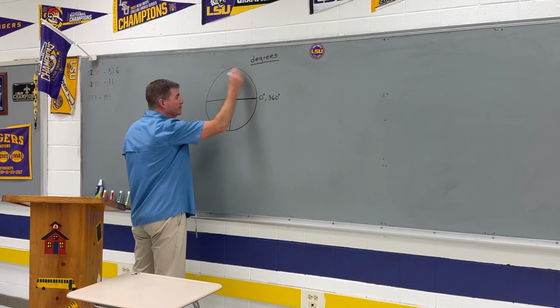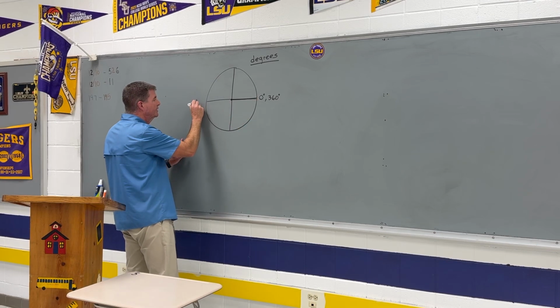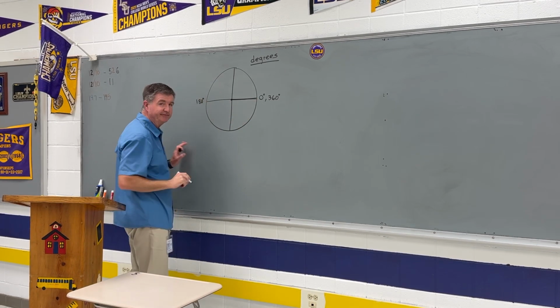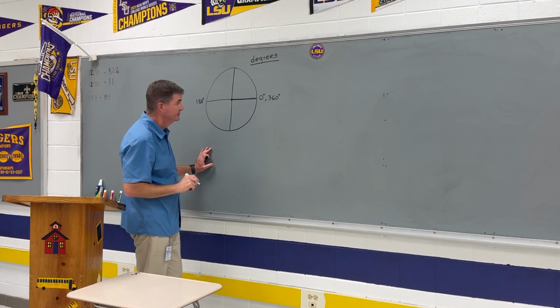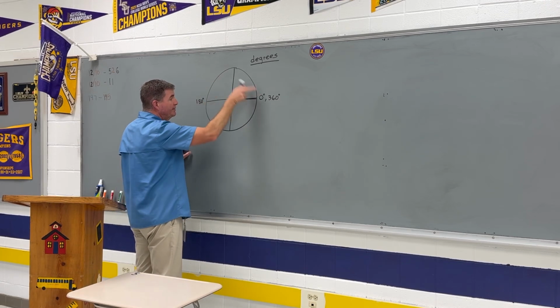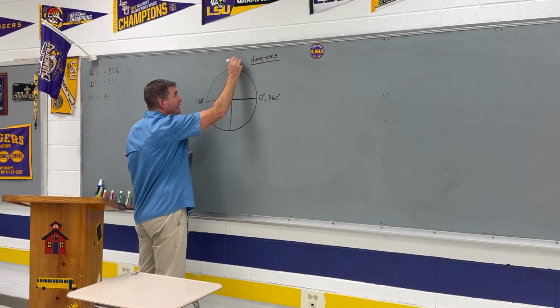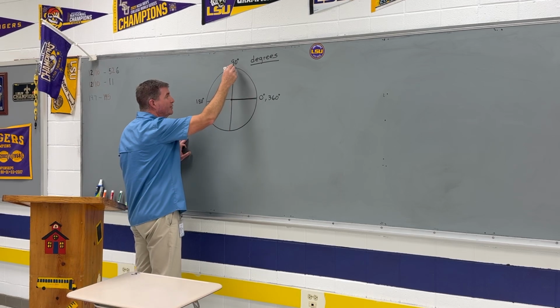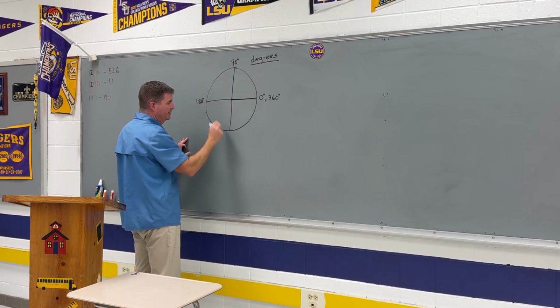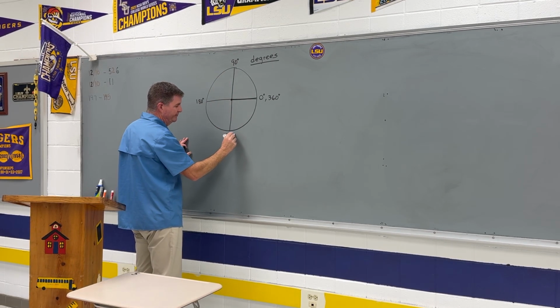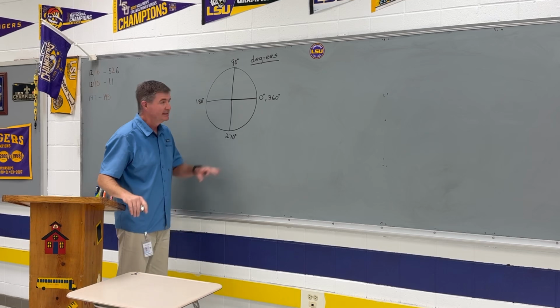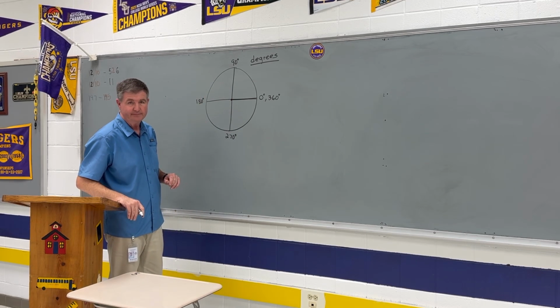So if a complete circle is 360, half of a circle is 180 degrees. Straight up would be half of 180, or 90 degrees. And if we're counting by 90s, this would be 270 degrees. This is the measurement of the axes.